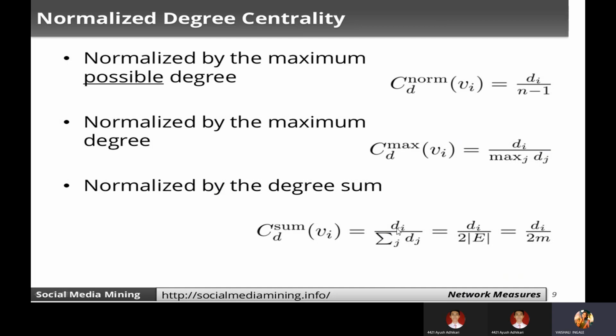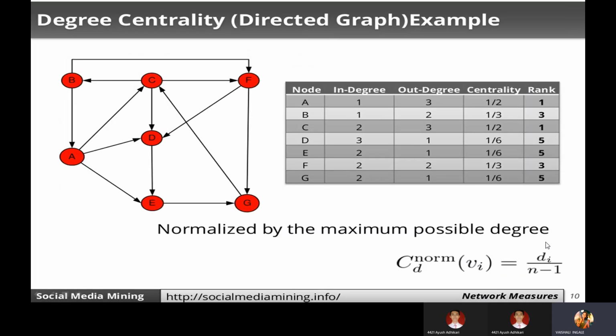As we had seen in theorem 1 in the previous lecture, the sum of all degrees is twice the number of edges that we have. So finally, the normalization by the degree sum will be nothing but Di divided by 2m, where m is the number of edges in the graph. Now we will take one example.